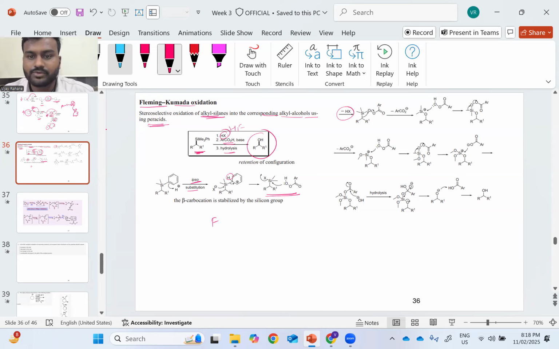And also, this is the per acid, right? So the bond pair between this one gets used for the migration or the rearrangement, right? So this rearrangement of the R, R dash takes place to the oxygen, and this ArC double bond O minus gets removed from this one, and this entire group is getting migrated towards the oxygen.